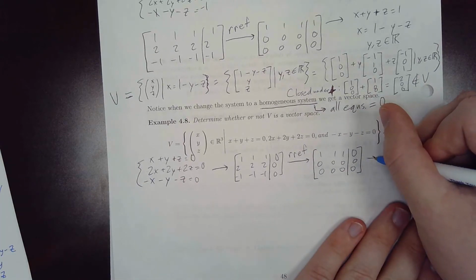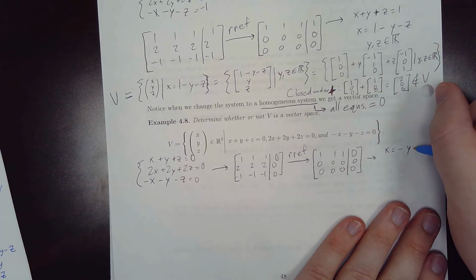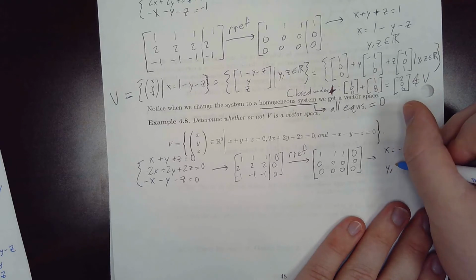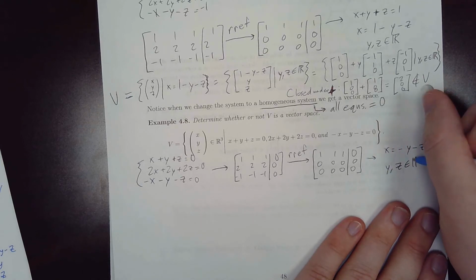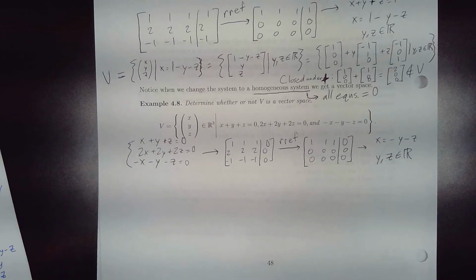So this tells us that x will equal negative y minus z, and y and z, which are free variables, are going to be in the real numbers.